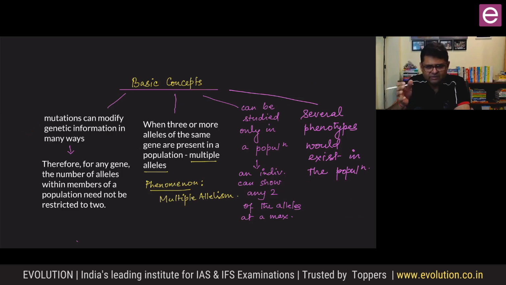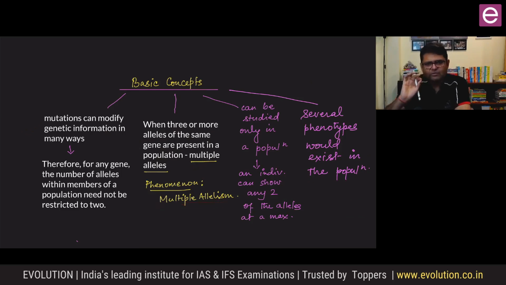It can be several. So when there are 3, that is more than 2, or more alleles for the same gene present in a population, it is known as what? Multiple allelism. But for this, at least 3 alleles have to be there. It can be more, but at least 3.